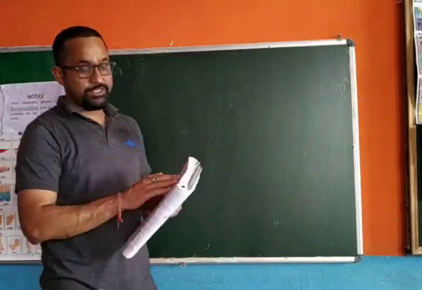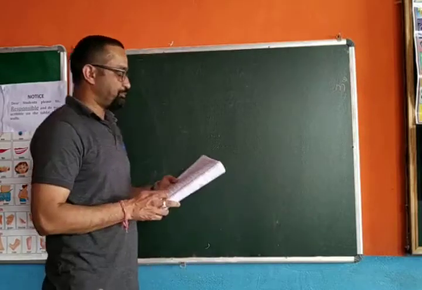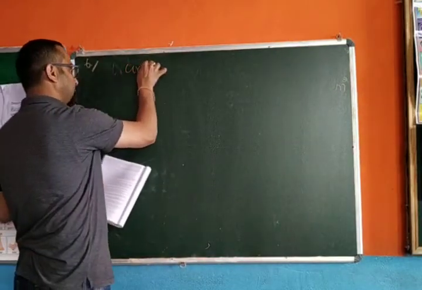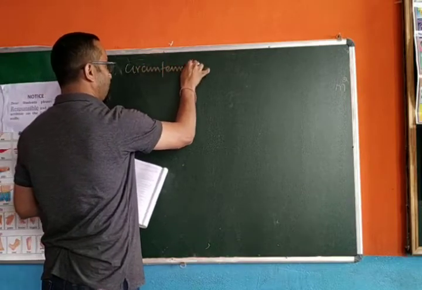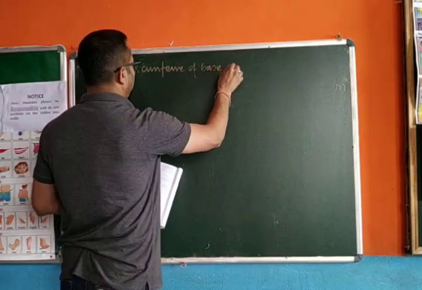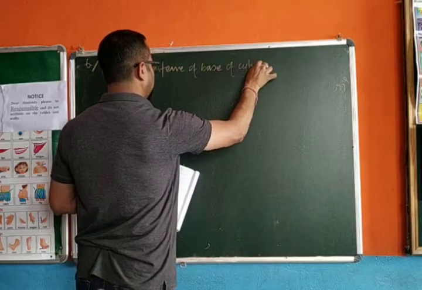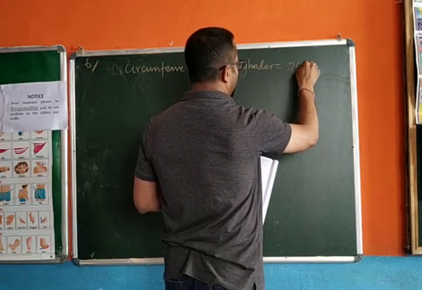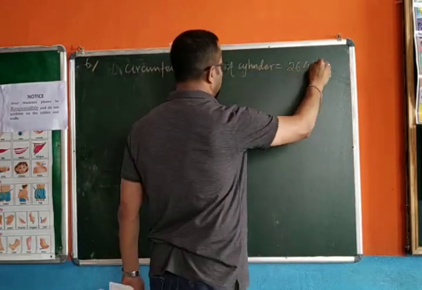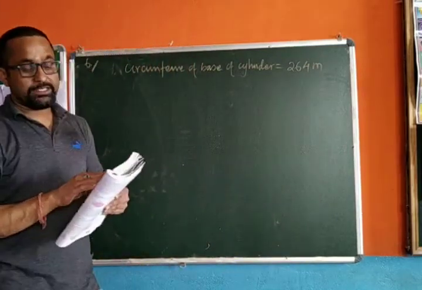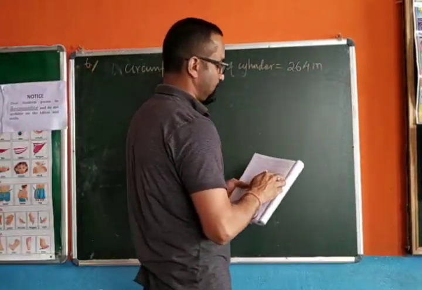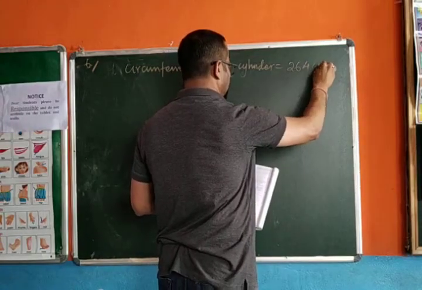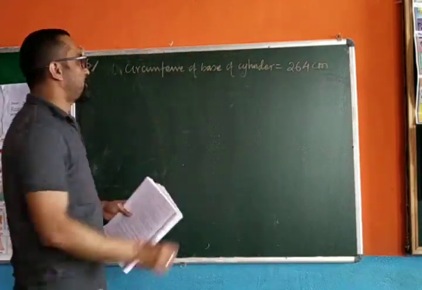The circumference of the cylindrical base is 132 centimeter. So I'll change the value. Circumference of base of cylinder is equal to 264 centimeter, and its height is 25 centimeter.